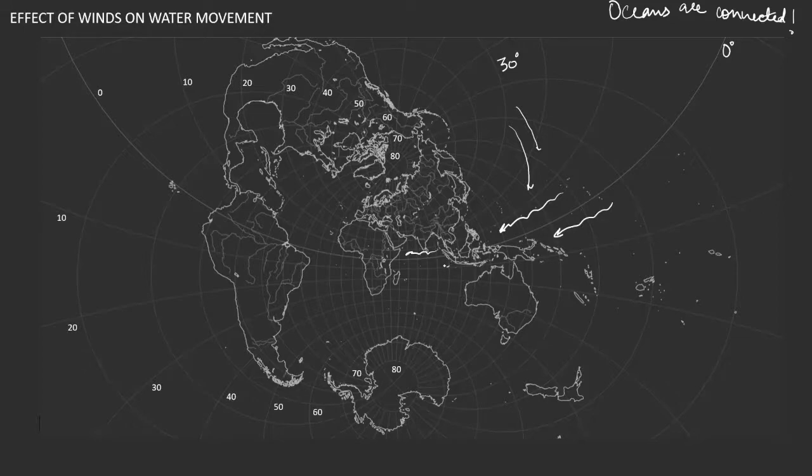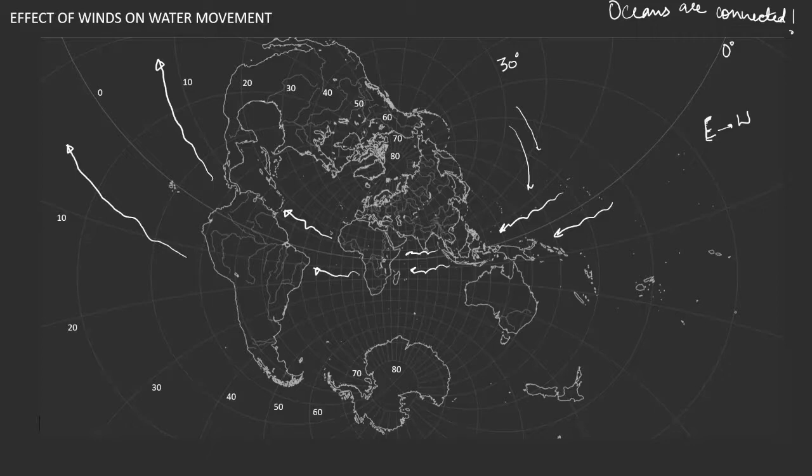So in the latitudinal extent of trade winds, they will drag all the ocean water from east towards the west side. Okay, so first type of ocean current, which is generated by the trade winds, it goes from east towards west. So we have a westerly ocean current generated by the trade winds.